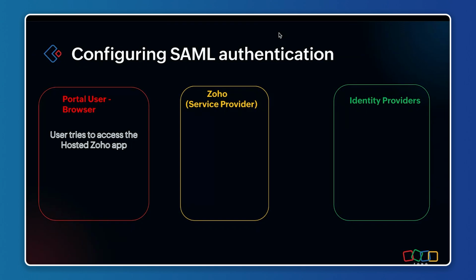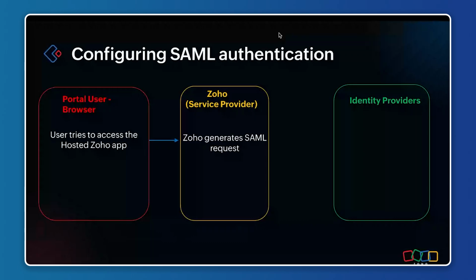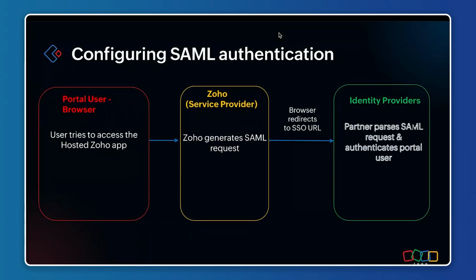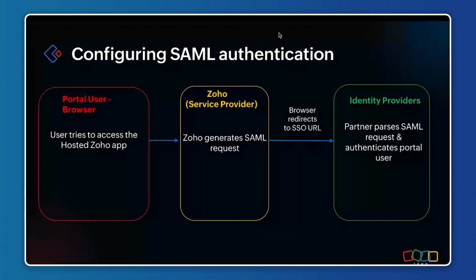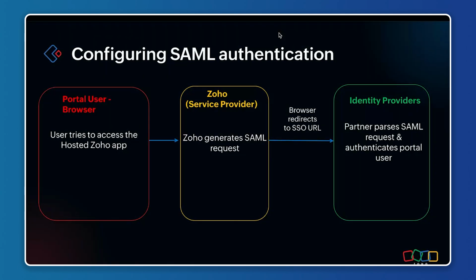So here are the steps. User would try to access the hosted Zoho app, and Zoho as a service provider would generate the SAML request, and the browser would redirect to the SSO URL. Here, the identity provider, let's say OneLogin, parses the SAML request and authenticates the portal user.